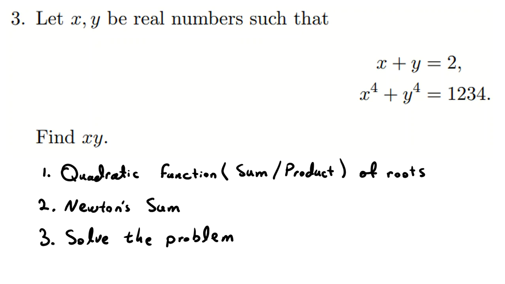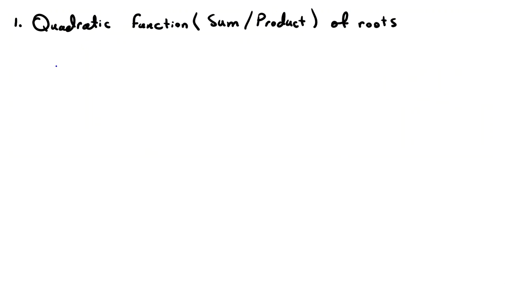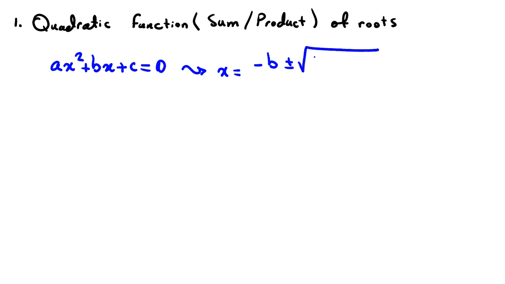Okay, so let's start. Quadratic function: we have ax squared plus bx plus c equal to 0 and we want to find x. The formula is negative b plus or minus the root of b squared minus 4ac, all over 2a. So we have two roots.